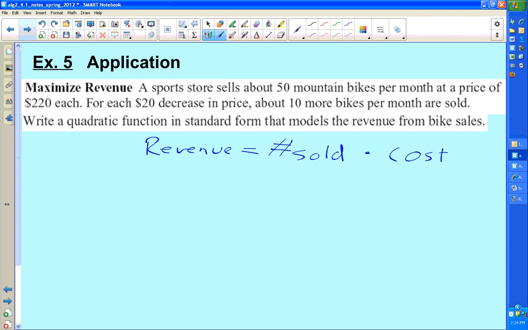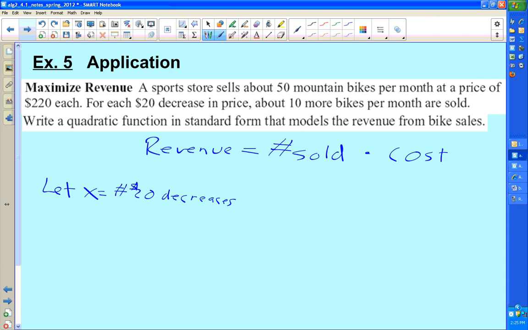The other unknown is the number of $20 decreases we're going to apply. We don't know what we're going to set the price at. We're trying to increase our sales, so we lower the price of the bike. When you lower the price, your sales go up, in this case by 10 a month.